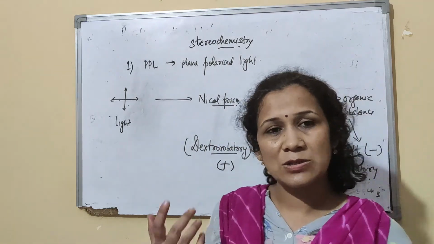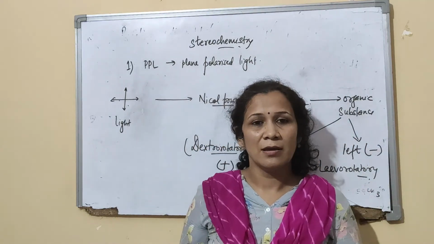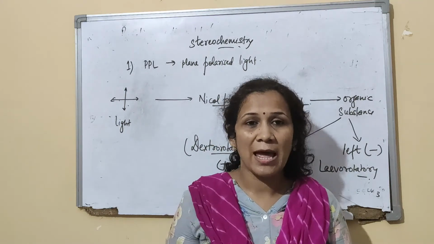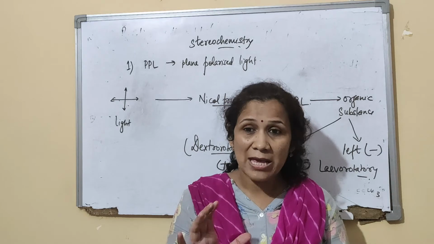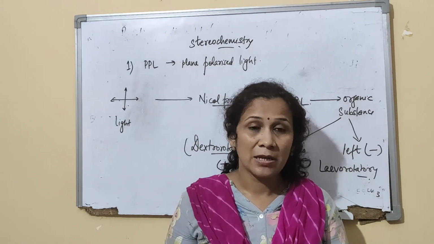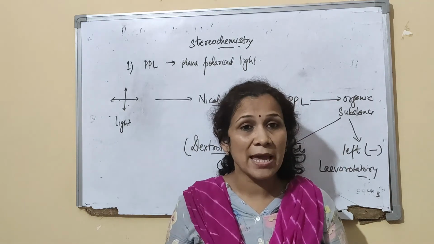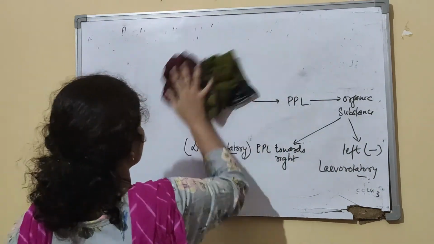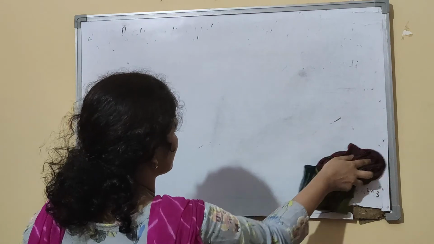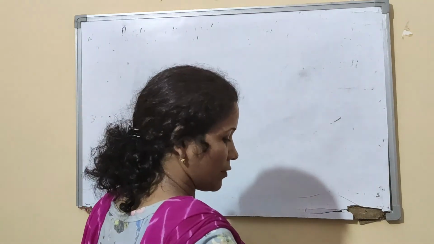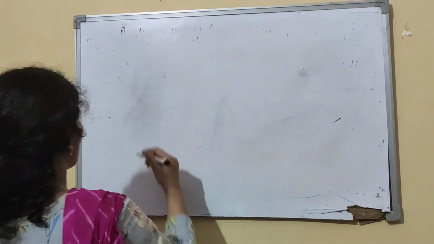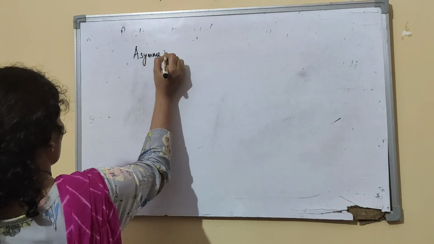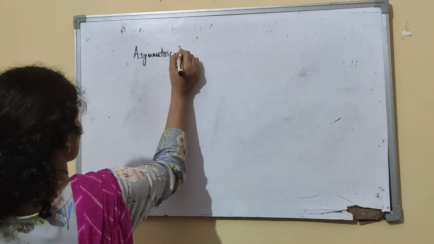Now, from where does this optical activity come? This optical activity comes from asymmetrical structures. Now we need to understand what asymmetrical structures are.